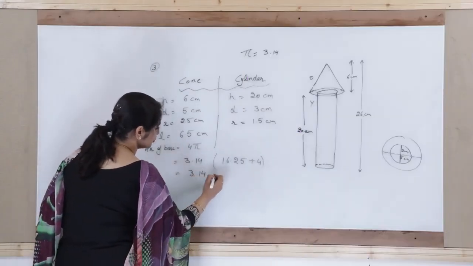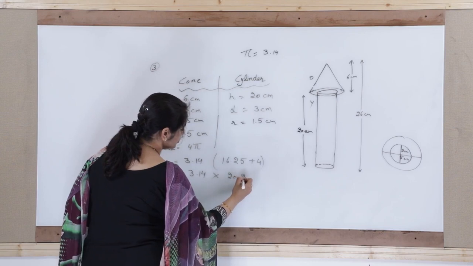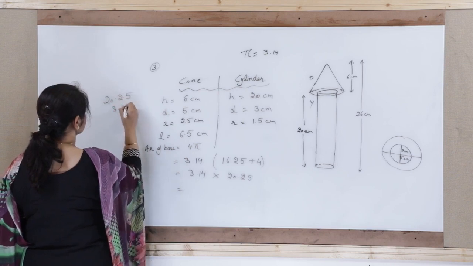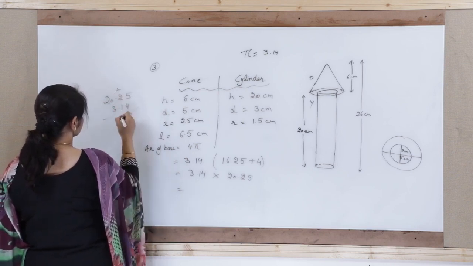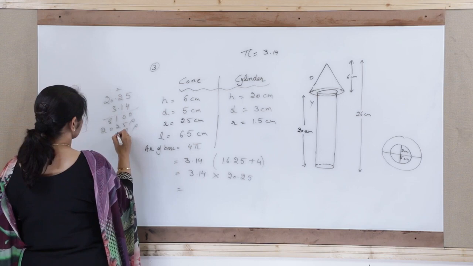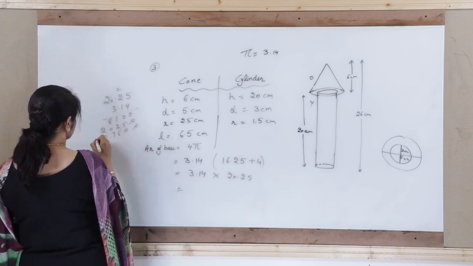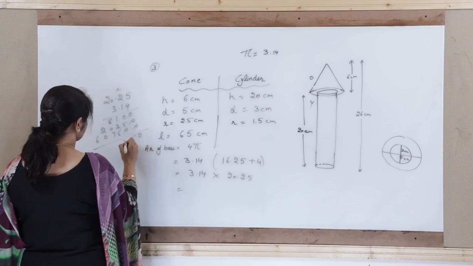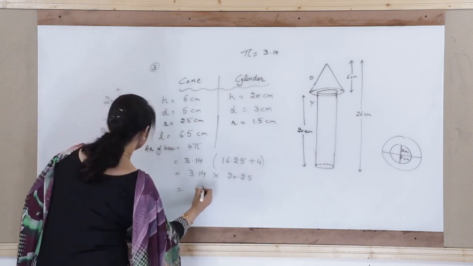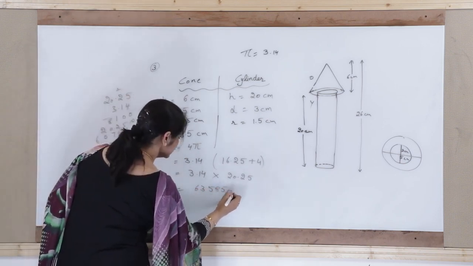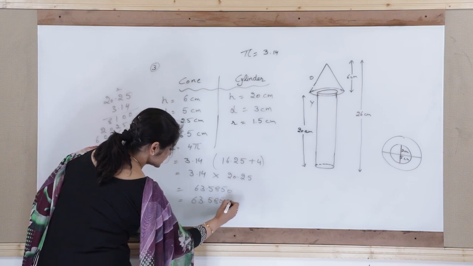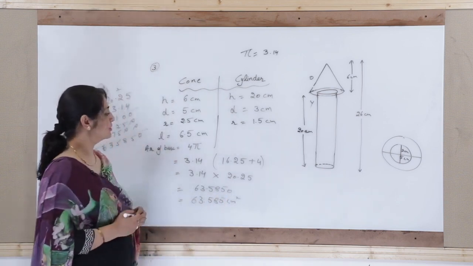So 3.14 multiplied by 20.25. It will give us 635850 and decimal here. So the answer will be 63.585 centimeters square. That is the area of the orange part.